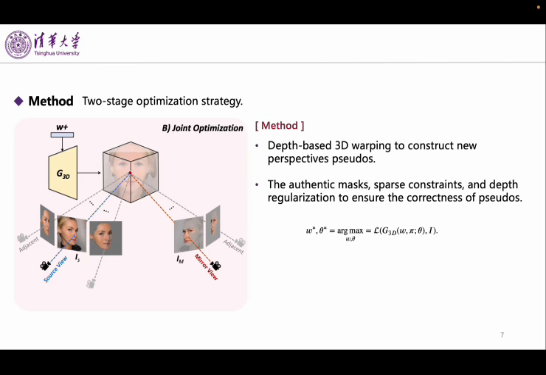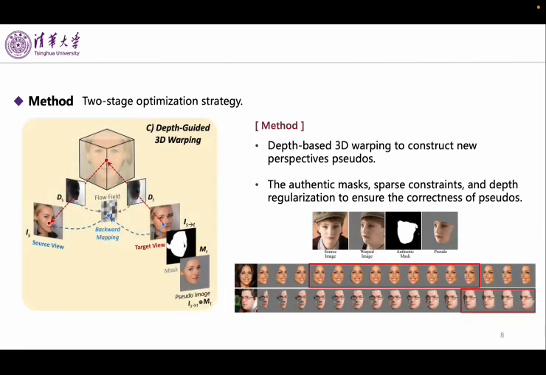Still, the obtained pseudo views have artifacts, and we should incorporate only the useful information from them. We use an authentic mask, sparse constraints, and depth regularization to ensure the correctness of these pseudo views. In detail, we cannot use the incorrect background information from the pseudo views. Therefore, we only use the face region information, and we calculate the authentic mask from a pre-trained mask estimation network.